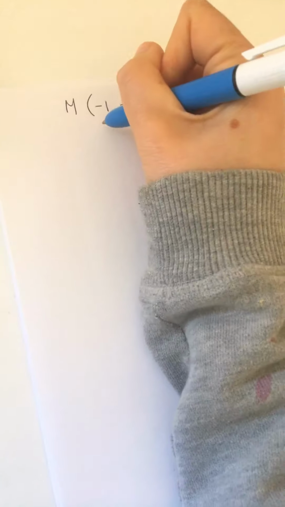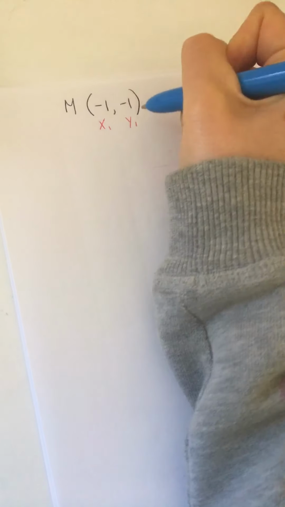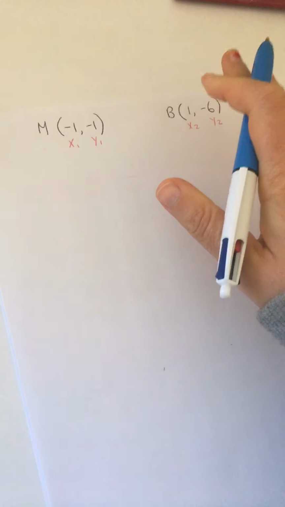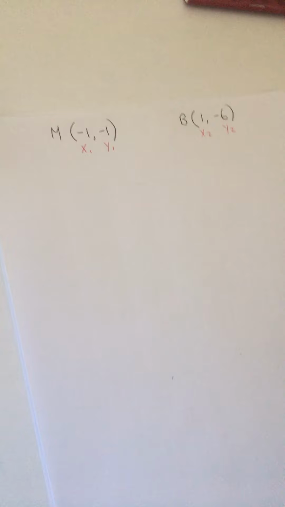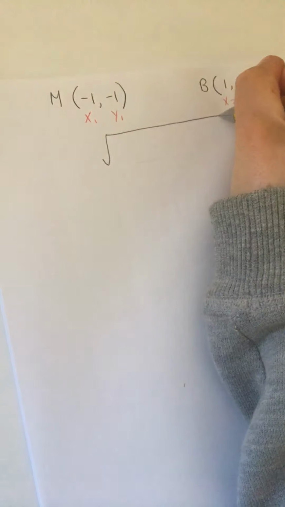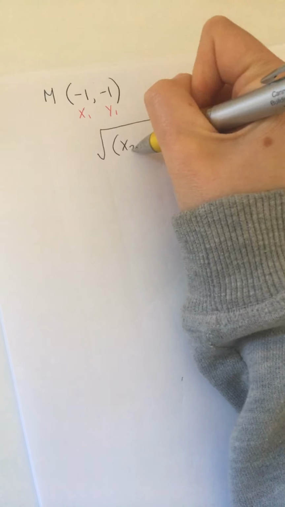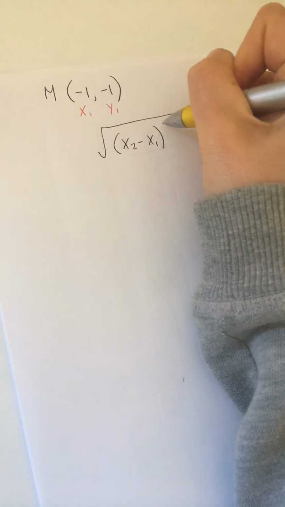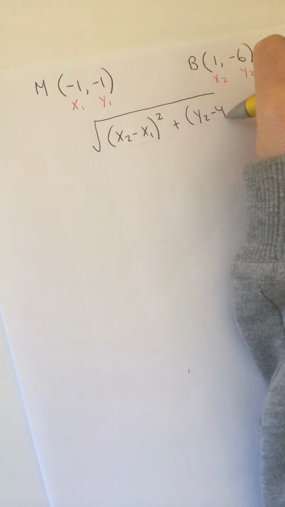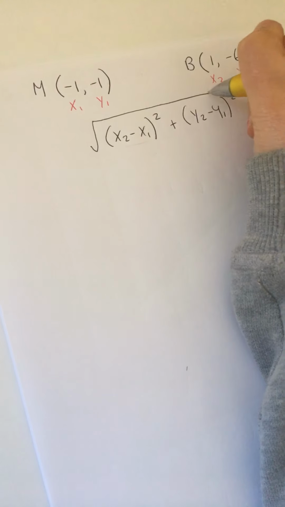So labels, x1, y1, x2, y2. So if you have your B over here and your M over here and the labels are different, it doesn't matter. It'll still work out in the end. Formula, x2 minus x1 squared plus y2 minus y1 squared.